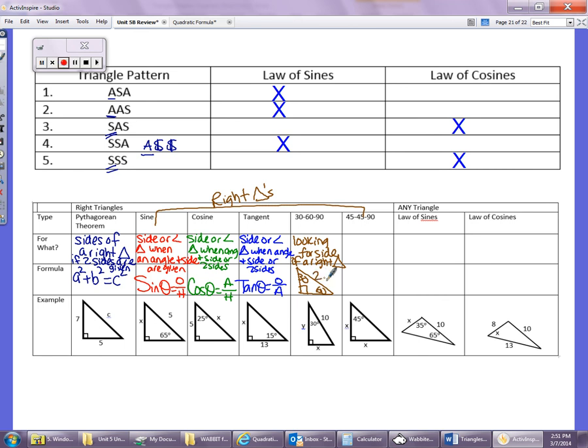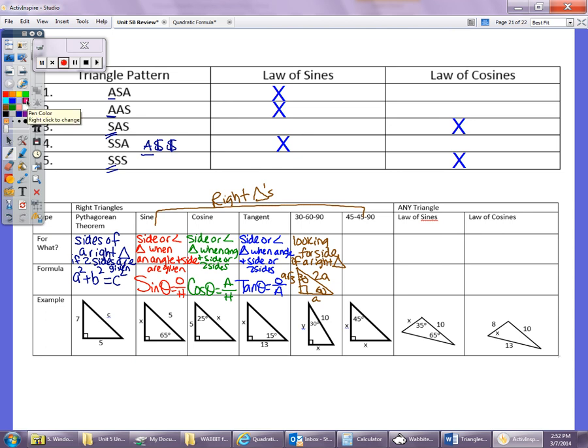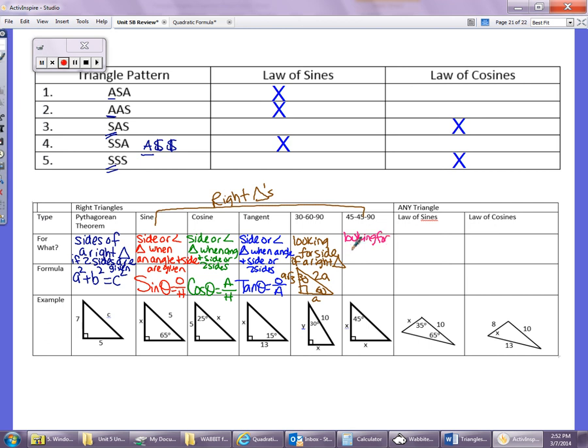So you have 2a, a radical 3, and a. That's your 30, 60, 90. Your 45, 45, 90, same thing. If you're looking for a side of a right triangle, the diagram for this is a, and then a radical 2.